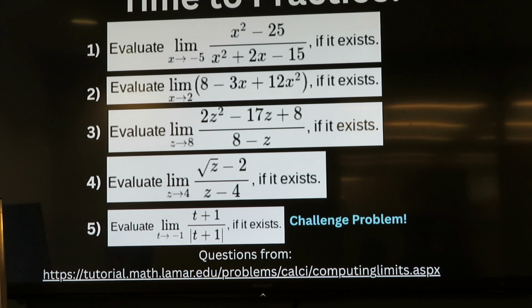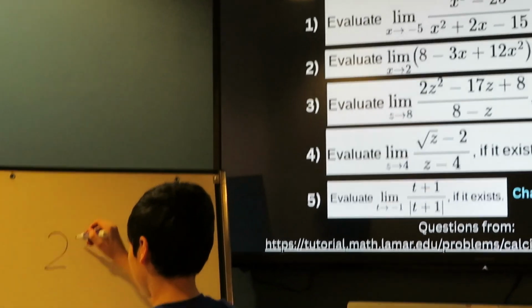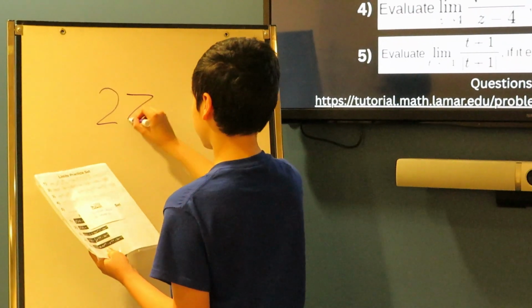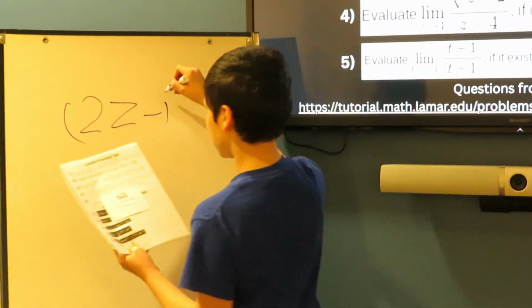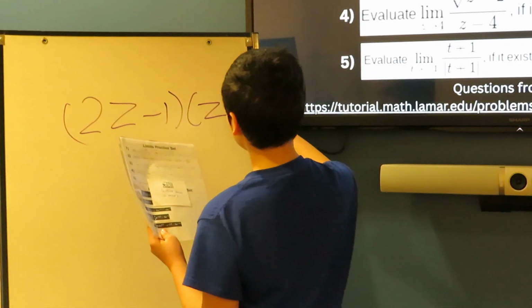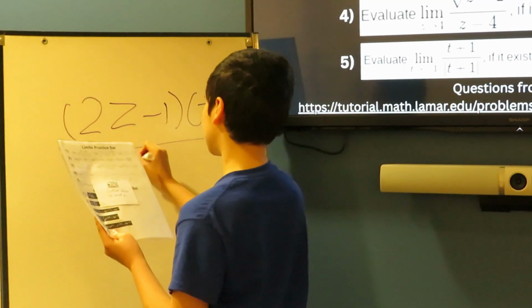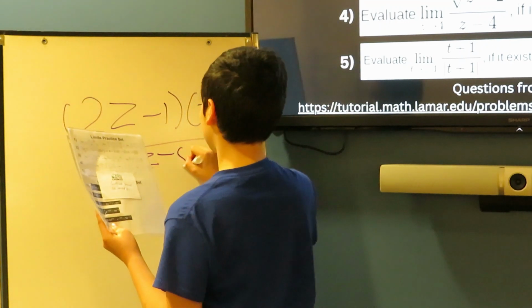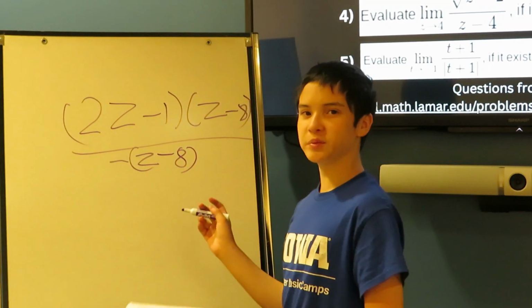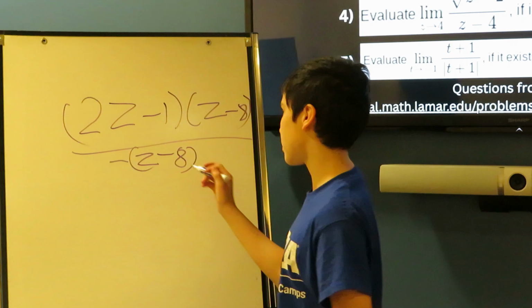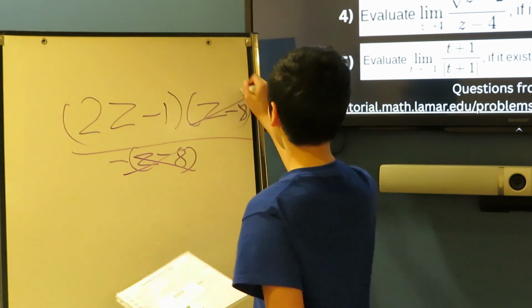So we just directly substitute and we get 50. For the next one, it turns out we get an indeterminate value, so we try to factor the expression. So we have a common factor of c minus 8 in the numerator and denominator, so we cancel that out.